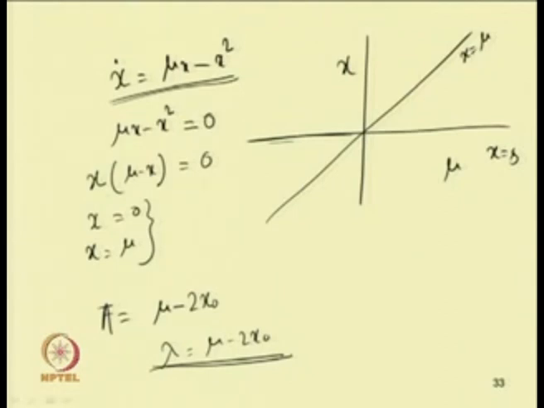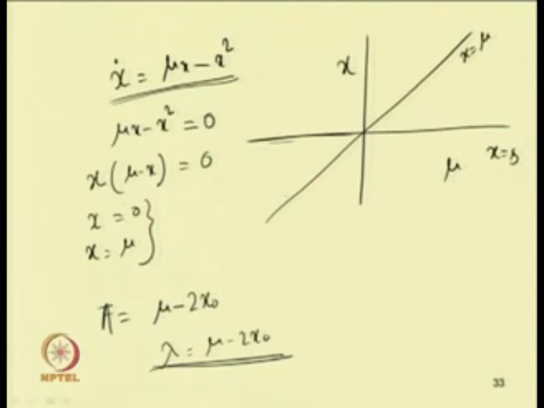For example, if I take the trivial state, x equal to 0, then lambda becomes mu.